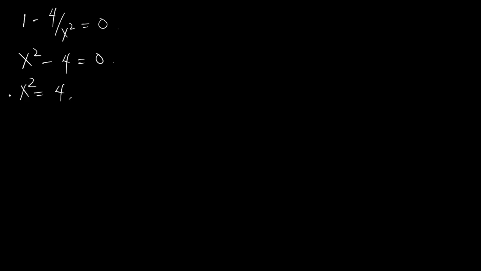Taking the square root of both sides, you have x equal to plus or minus 2. So we have stationary points at plus 2 and minus 2. So let's look at what is the nature of these stationary points.